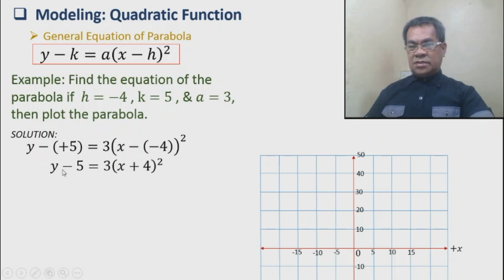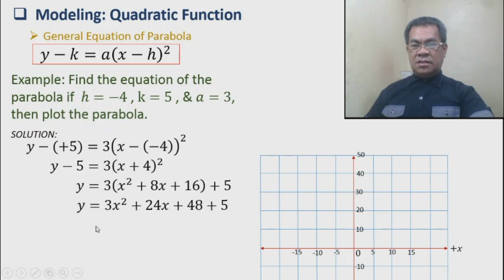So y minus 5 is equal to 3 times x plus 4 squared. Then use your algebra: expand, then solve for y. If you expand this, it is x squared plus 8x plus 16. Then distribute the 3, so we have 3x squared plus 24x plus 48, plus 5.